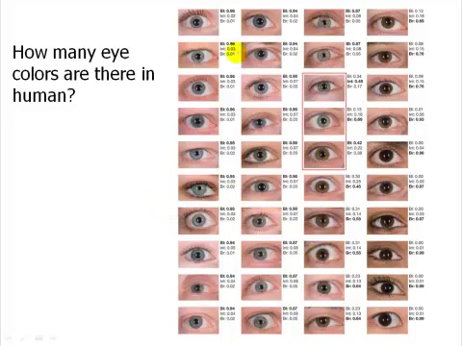So there really is a huge spectrum of colors that are possible because there are so many genes involved with determining the aspects of physiology that lead to that overall phenotype of eye color.